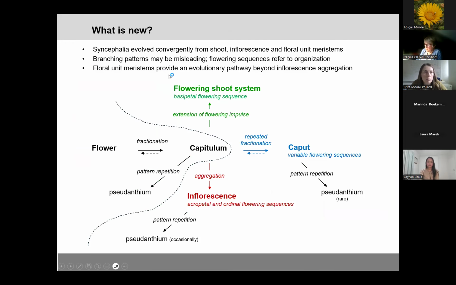So what is the main result of our study? We have seen that Syncephalia evolved convergently from flowering shoot meristems, from inflorescence meristems, and from floral unit meristems.